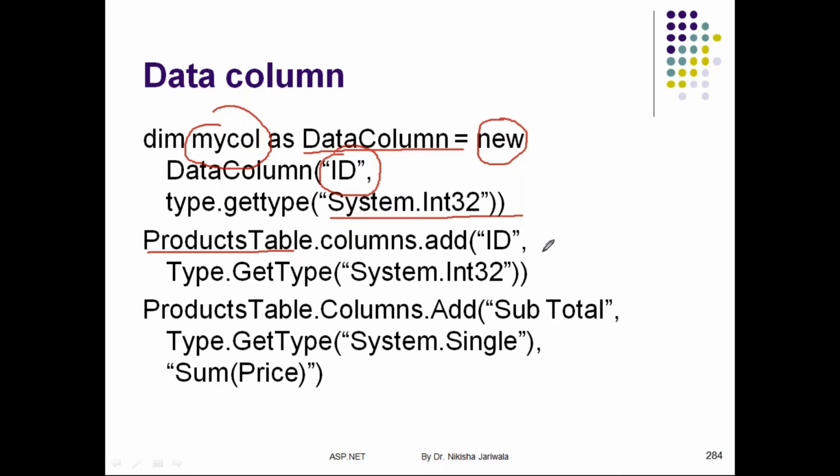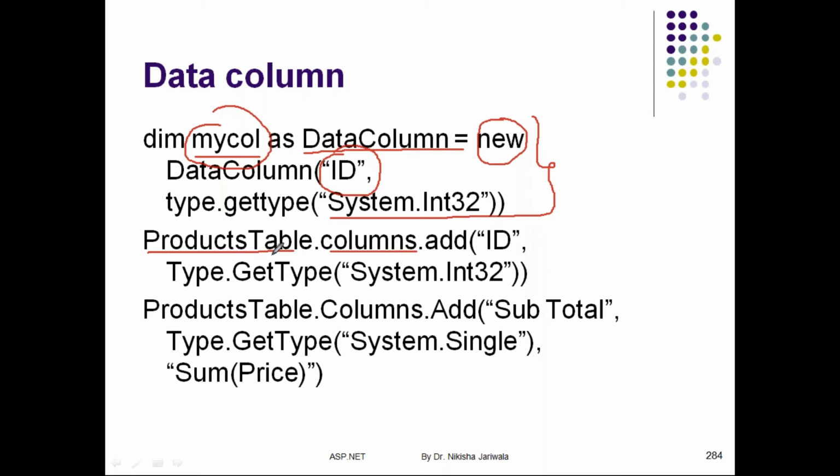So the first column that will be created within the products table will be the ID, right? And after that we also need to specify the data type that we want to specify for that particular column, right? Now there are two ways. What we can do, we can create the column, and after that I can add my column within the columns collection of the table.